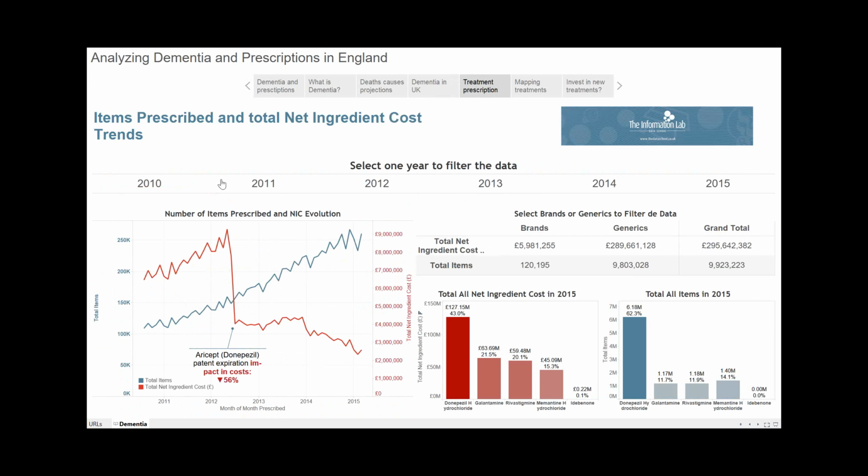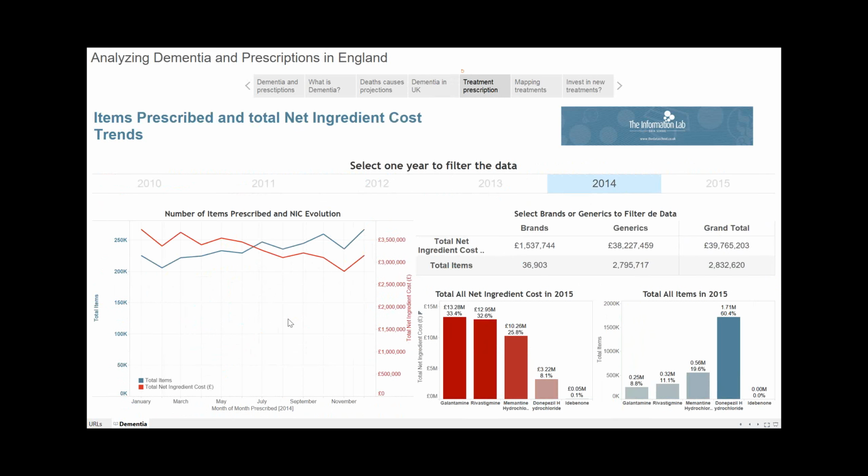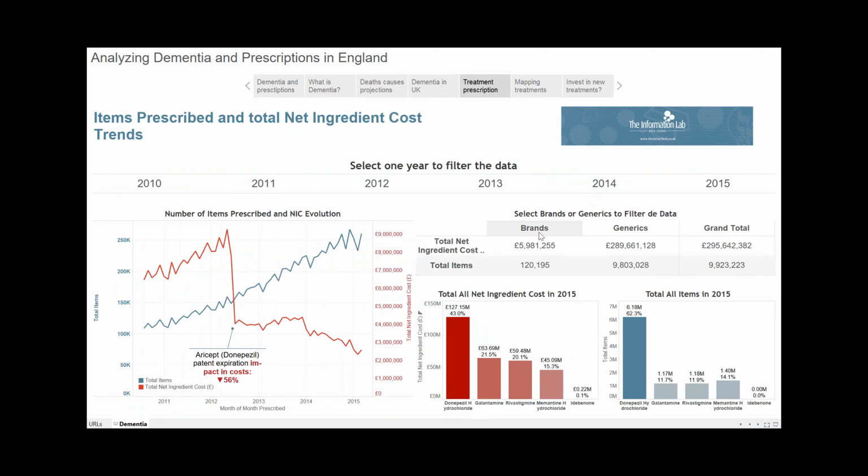So here you can also filter all this information by year, for example, if you want to see the trends in only one year, and you can also see the total ingredient costs and total items by brands and generics.